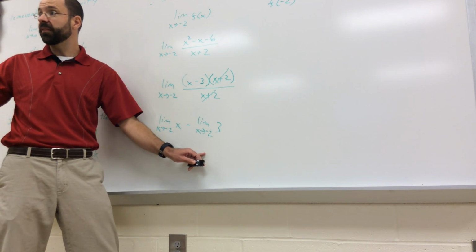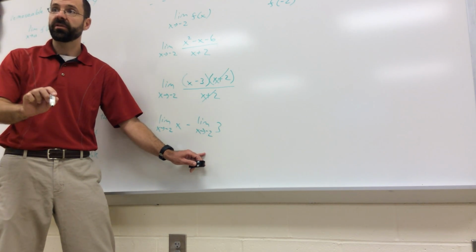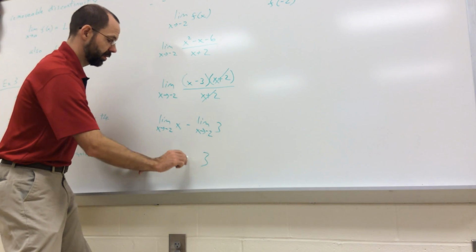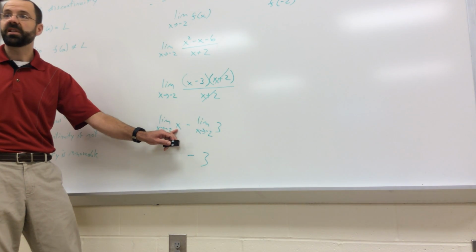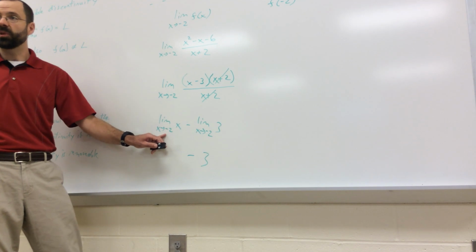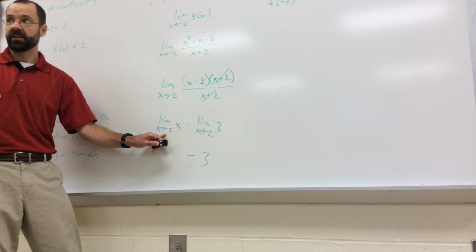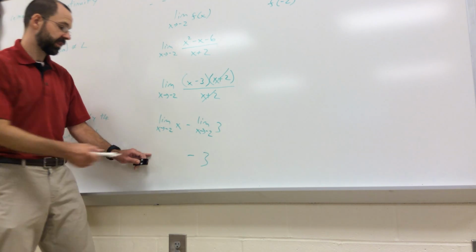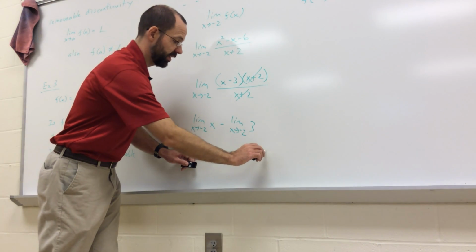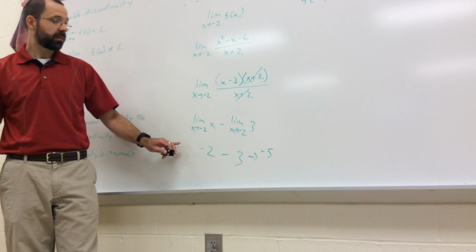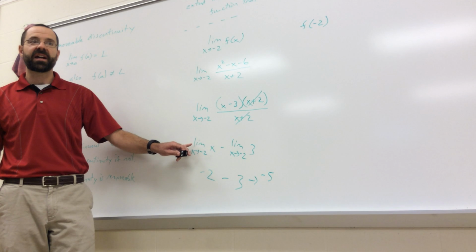The table is -1.93, -1.993, and so these are getting close to 3. And then here the table is the y is always equal to the x. So -1.9, -1.99, and so these are getting close to -2. So the answer to this limit is -5. So we calculated this limit without a table using the method of factoring.